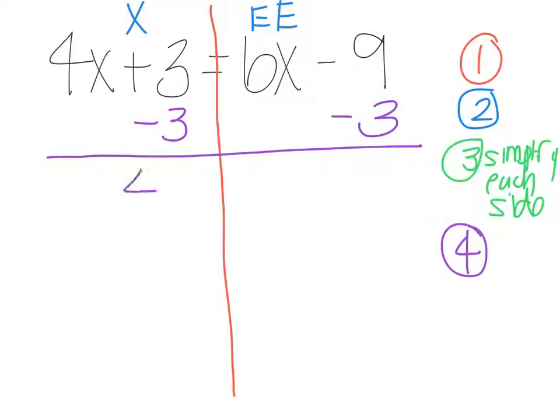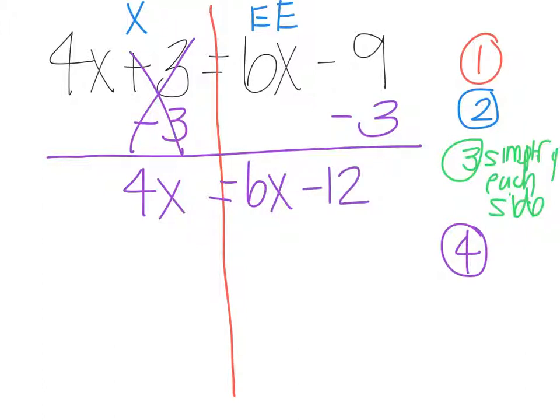So I'm going to rewrite, I have 4x, because my plus 3 and my minus 3 cancel, equals 6x, and negative 9 minus 3, that's like owing me $9 and owing me another 3, so that's a negative 12. All right, so then we're looking to see what else we've got to take care of.